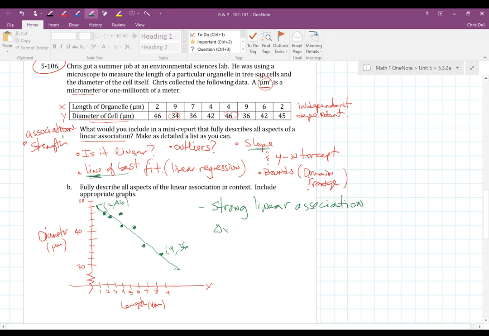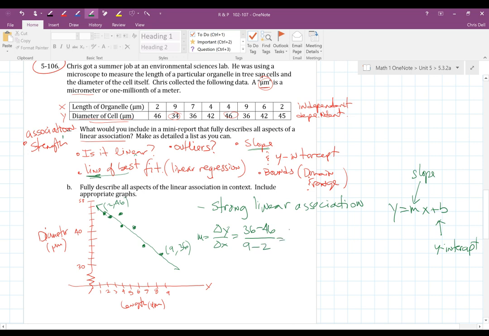The first thing is you find your slope, your change of y over your change of x. Remember, all lines are y equals mx plus b, m being the slope and b being the y-intercept, or initial value. So my slope is the change of y, 36 minus 46, over the change of x, 9 minus 2.